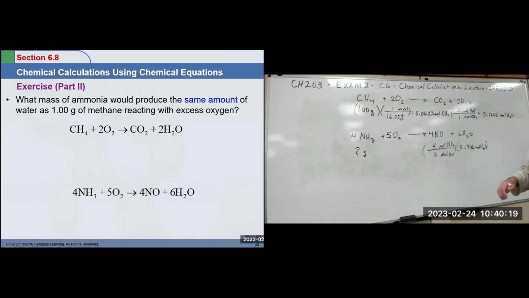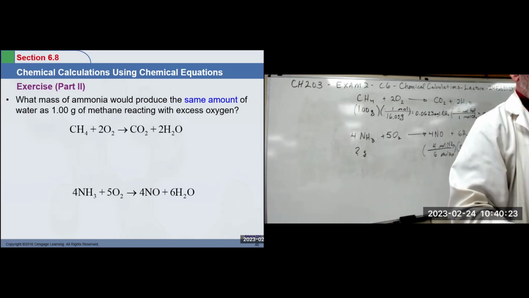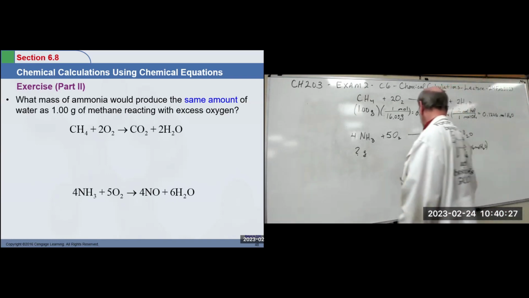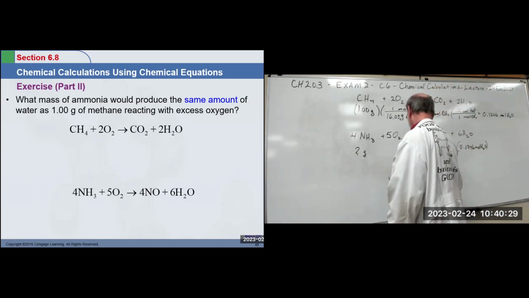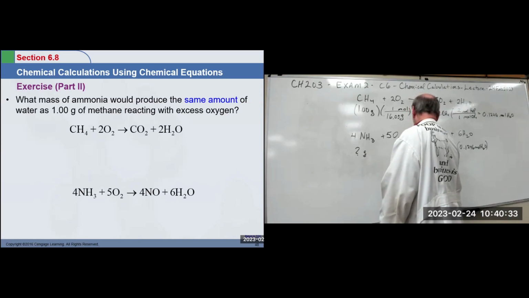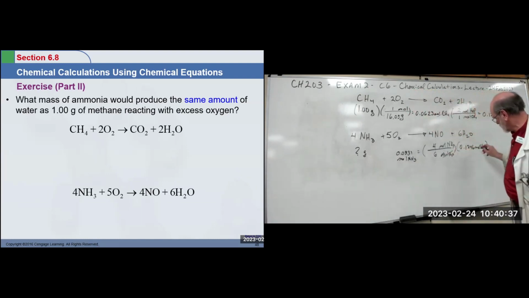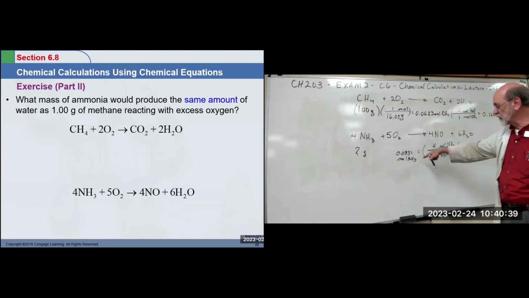So 4/6 of that is 0.0831, and that's moles of ammonia. Right? We canceled this one right there, left us with moles of ammonia.